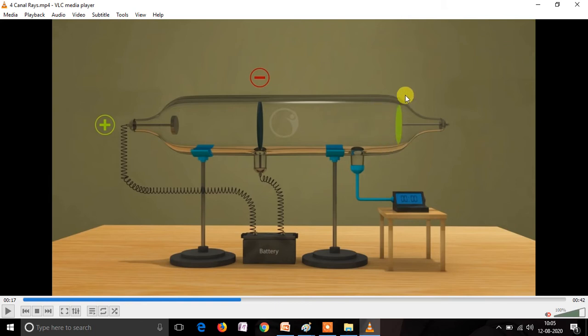Earlier in the cathode ray experiment, zinc sulfide was placed in between the anode and cathode, while in today's experiment this zinc sulfide screen is placed beyond the cathode. And we know that the negative cathode will produce rays which will move towards the anode, and they were called cathode rays.